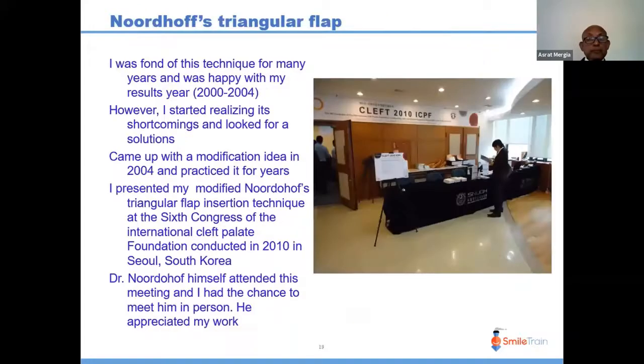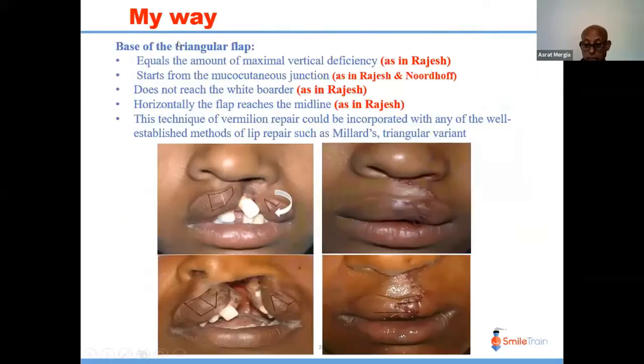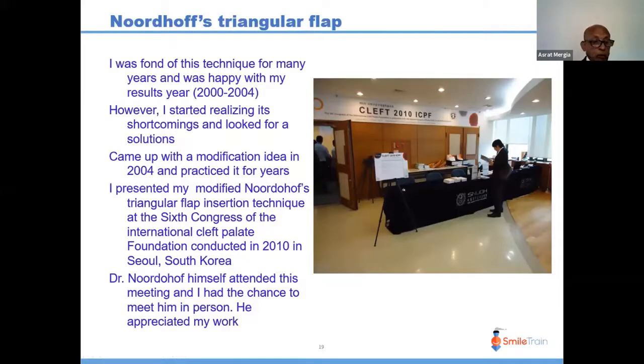With this, I started in 2004, and I also went through Rajesh's technique, and I presented my modifications at international conferences. In 2010, I presented it in Seoul, South Korea, at the 6th Congress of the International Cleft Lip Panel, and there I met Noordhoff himself, and he appreciated my work, and this was encouraging to me.